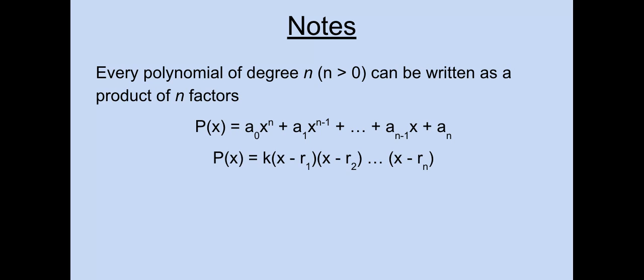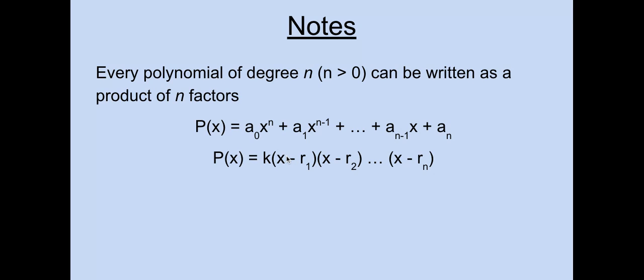Also note that every polynomial with a degree n can be written as a product of n factors. So if this is my polynomial, I can factor this into some constant times n factors.